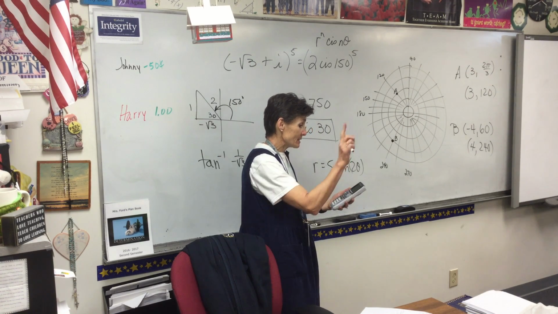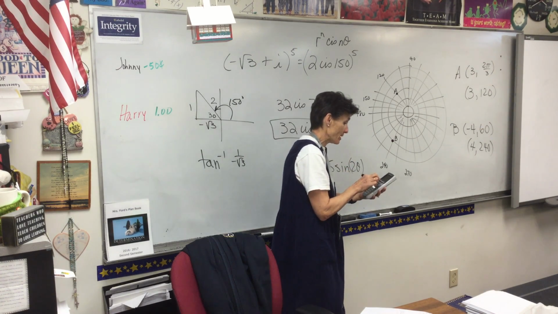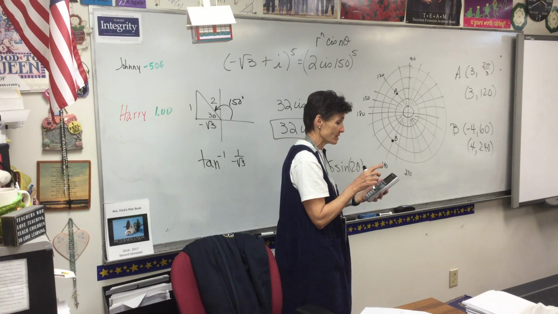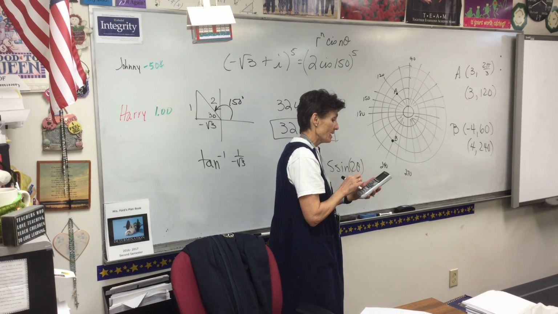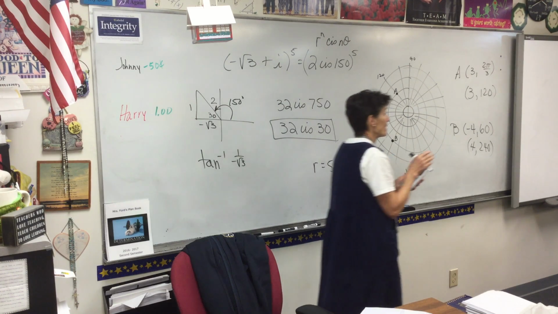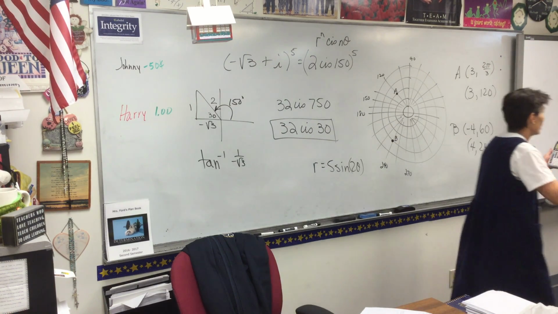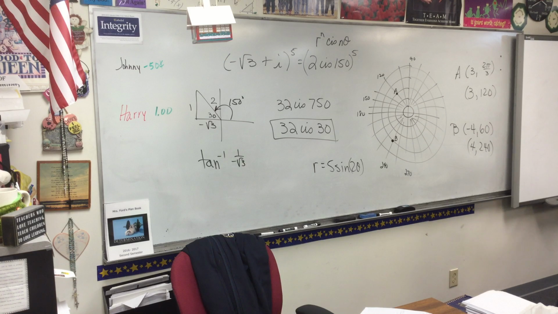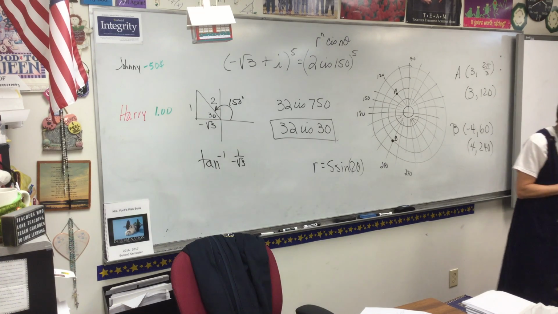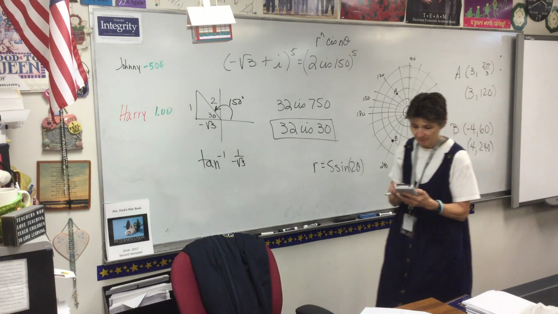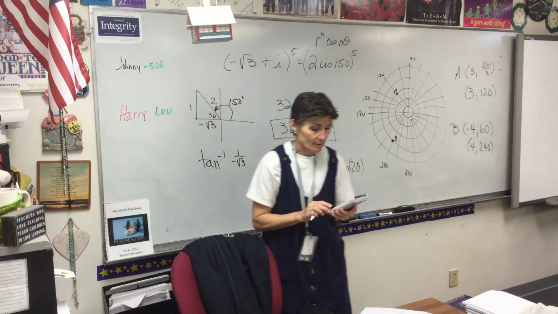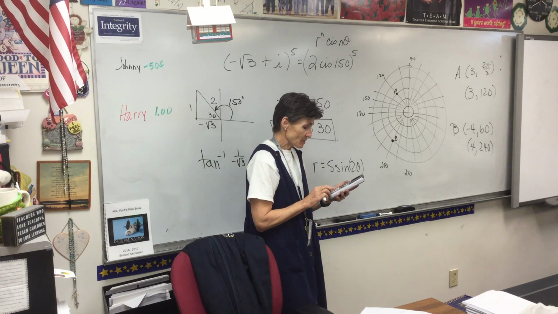So I would suggest that your calculator's set in degrees already, I hope. And let's set up our window, and then let's leave our window alone till we get this test over with, okay? So, theta min is going to be 0. Theta max is going to be 360. Theta step is going to be 5.